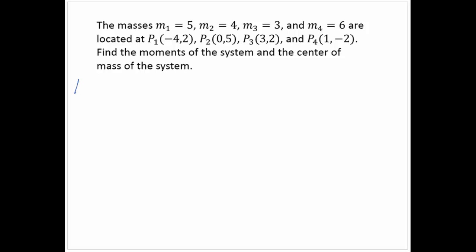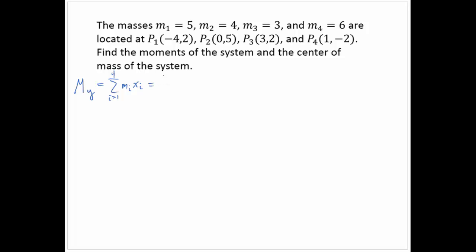I'll start by finding m sub y, the moment of the system about the y-axis. So m sub y, recall, would be sigma from i equals 1 to 4 of m sub i, x sub i.